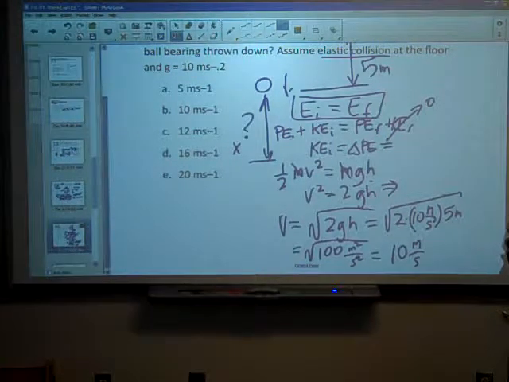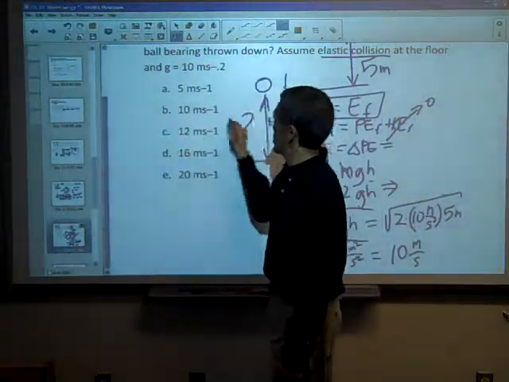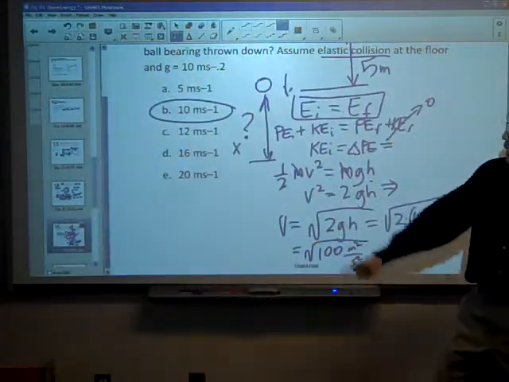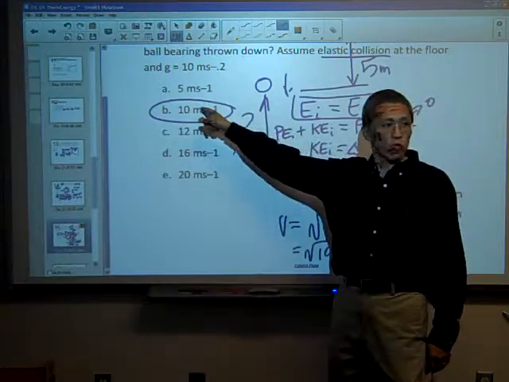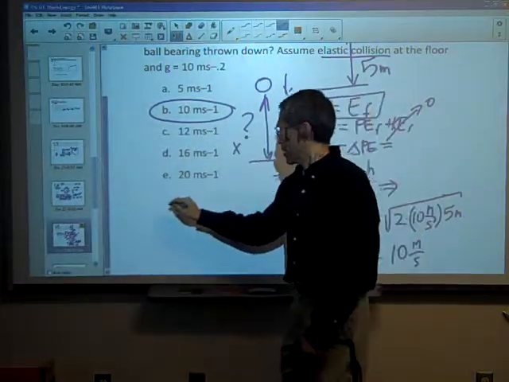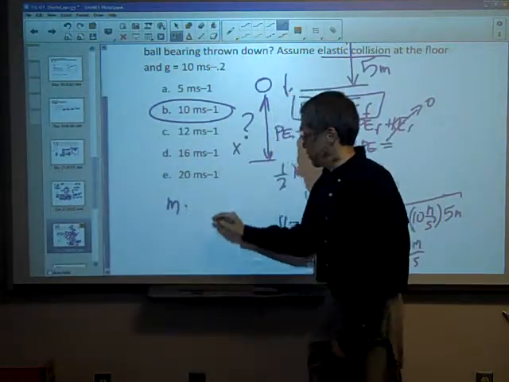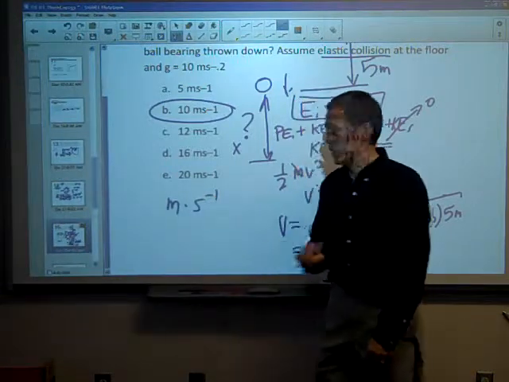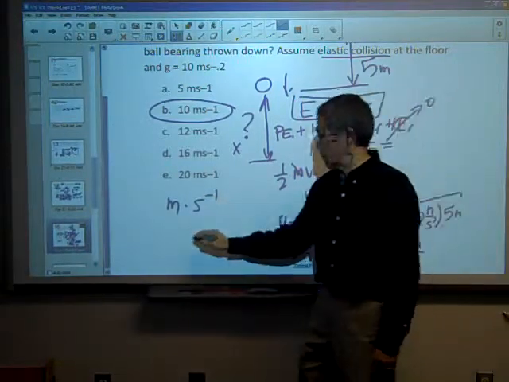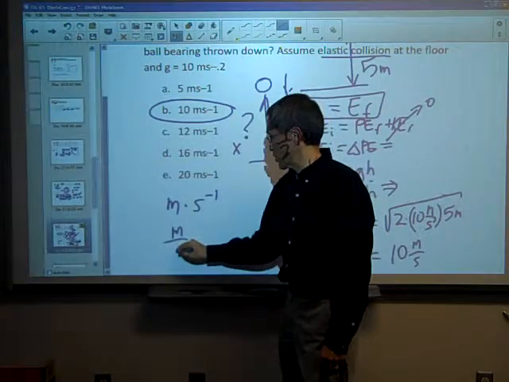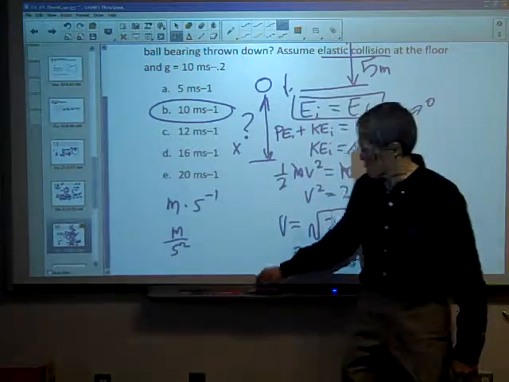Okay? Which is this guy right here. Why does that have a minus 1? The -1 means the second is to the -1, so this is like meters times second to the -1. It's the same as meters per second.